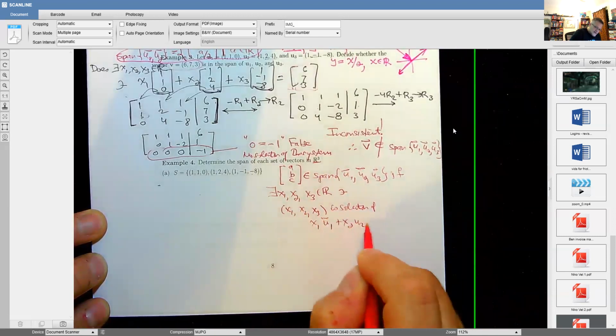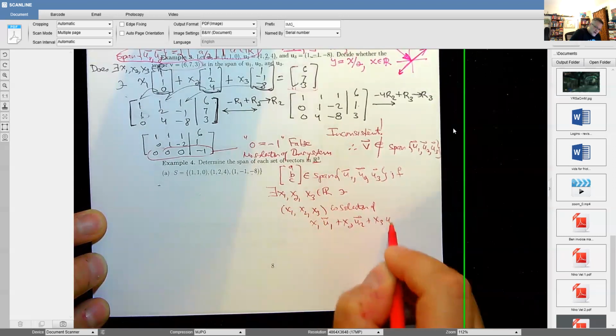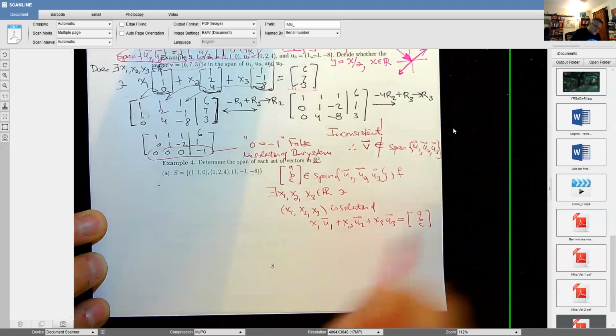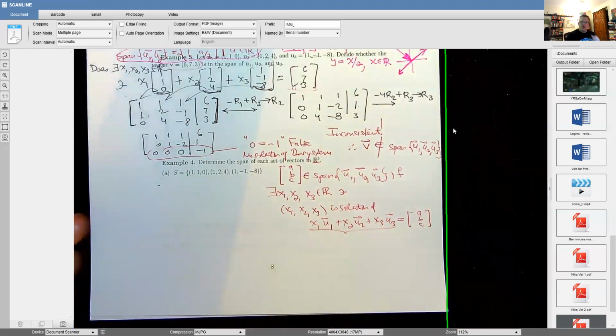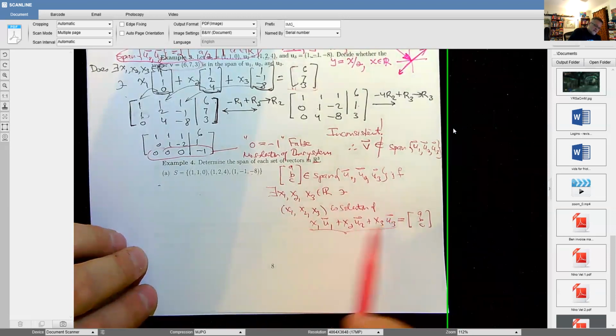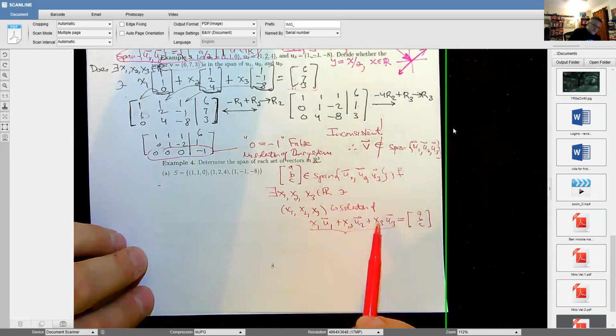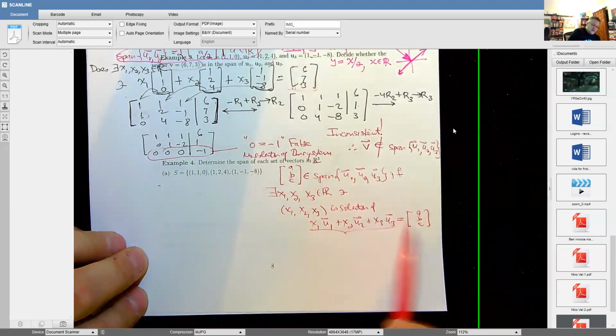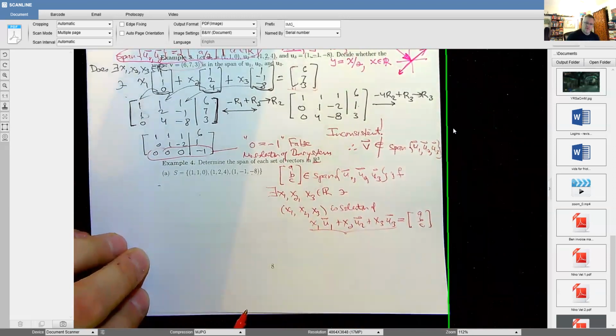You multiply each of the vectors by a scalar, add them up, so this would be the linear combination of these vectors. And what you're asking is, can I find appropriate numbers to multiply those by so that when I add them up, I get the vector ABC, right?